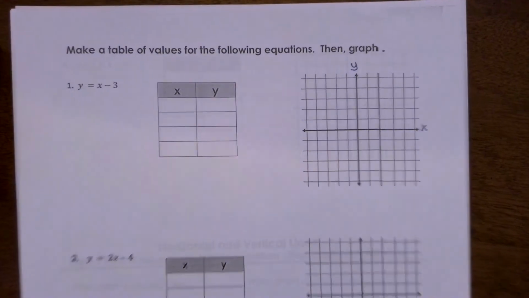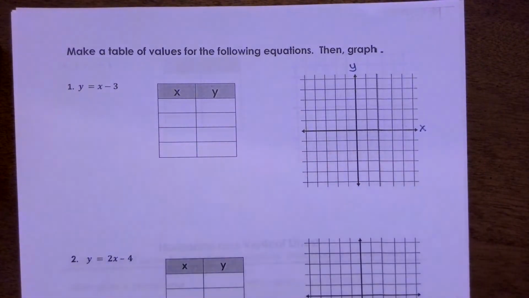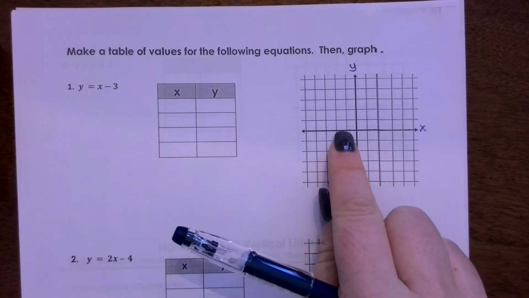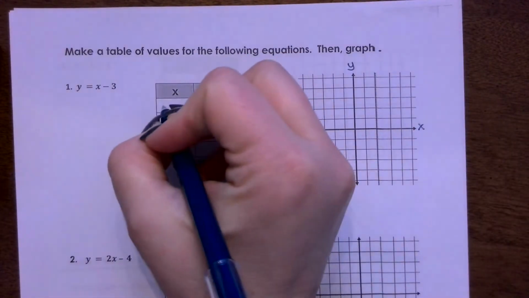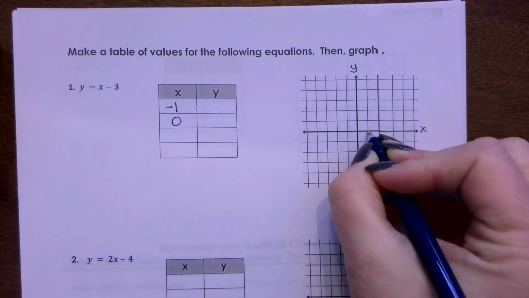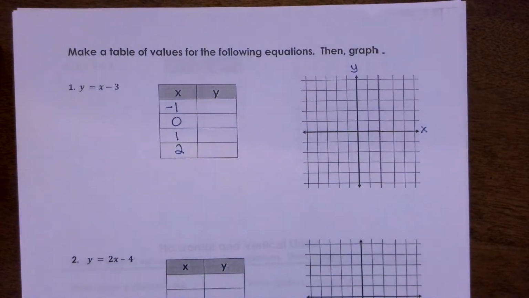So that's one thing to think about. I can choose any x, but it definitely has to fit on this graph. So I tend to like to stay close to the origin. So I'm going to use -1, 0, 1, and 2 as my x values.